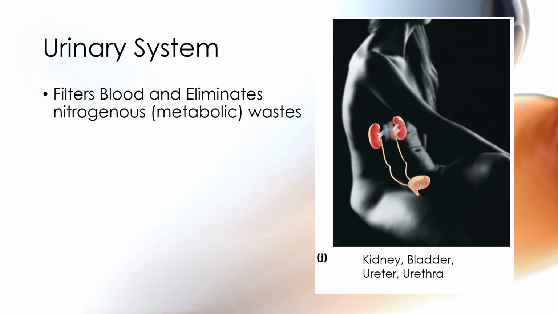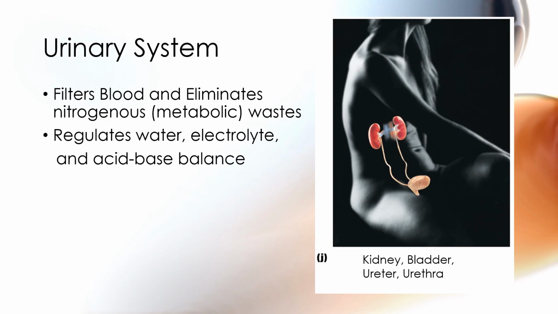And what the kidneys do is it eliminates all those metabolic wastes. So we talk about the cells always producing waste, right? So we got rid of the carbon dioxide waste in the respiratory system, but how do we get rid of these nitrogenous, or also called metabolic wastes, okay?